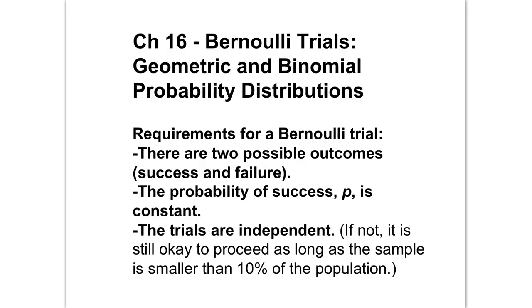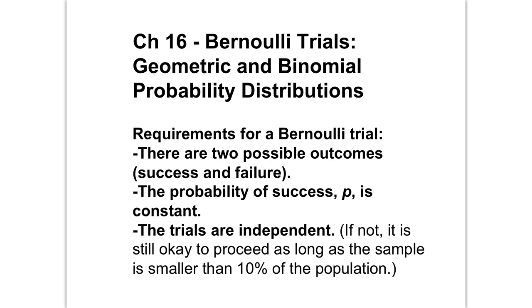Now, today we're going to talk about Bernoulli trials, geometric and binomial probability distributions. There are two requirements for a Bernoulli trial. Bernoulli means it is binomial, okay? That is, there are two outcomes, success and failure. Sometimes you might be saying, what is the probability of success, and be using failure as a success.